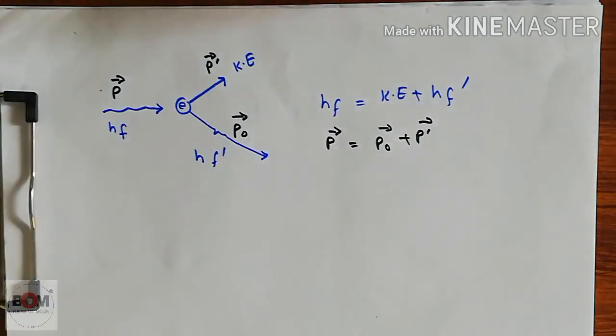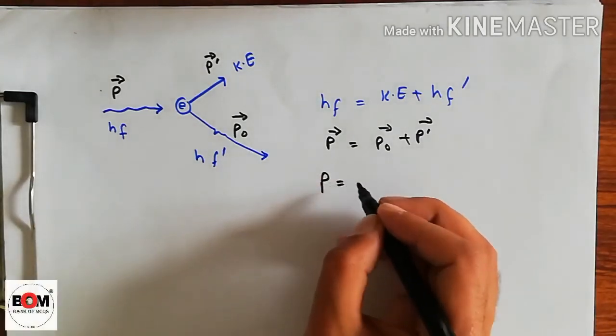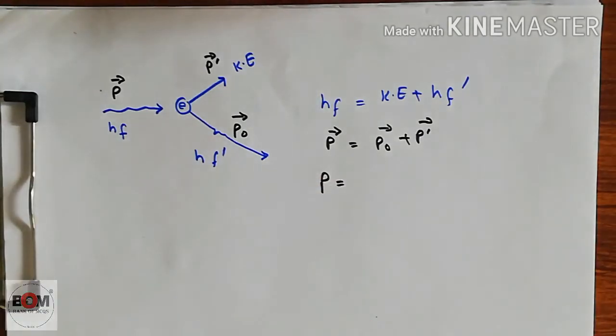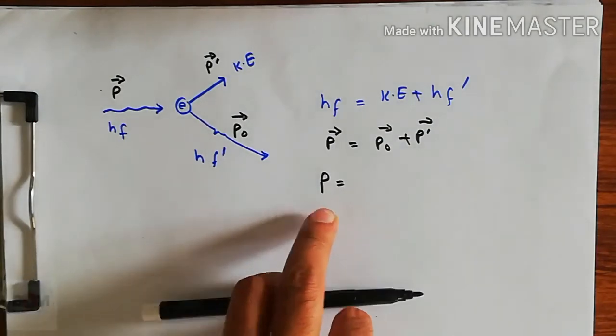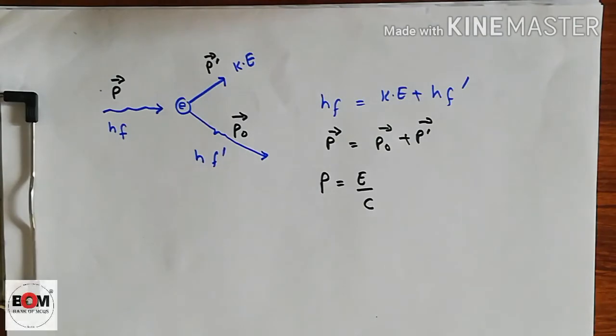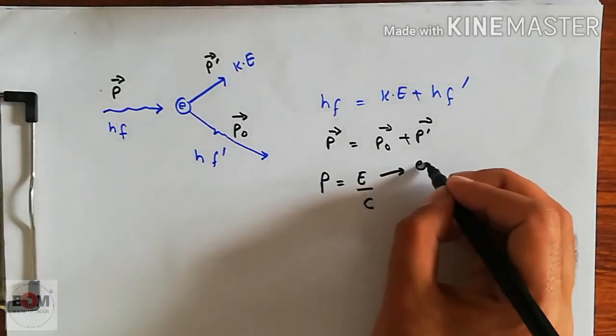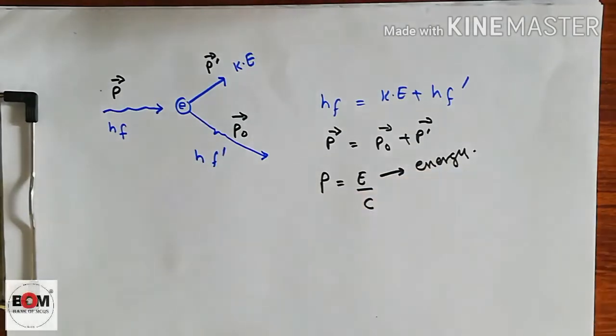Now according to classical electromagnetic theory, each electromagnetic wave carries momentum of magnitude P is equal to E by C, where E is the energy and C is the speed of light.